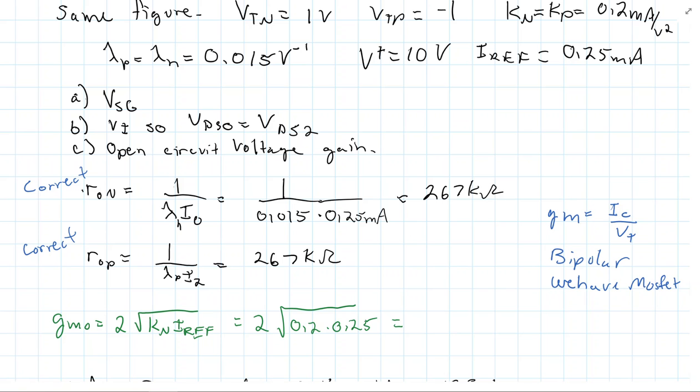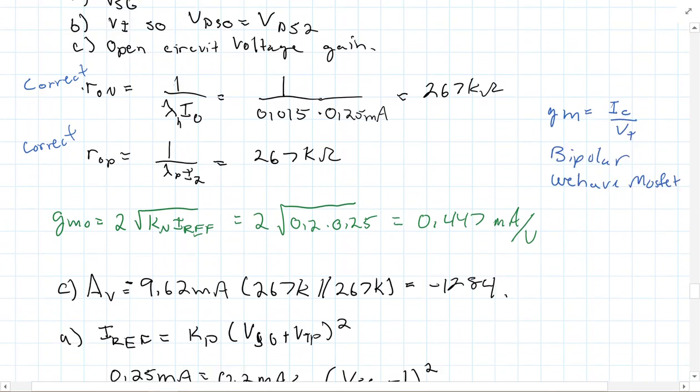We get 0.2 times 0.25, square root, times 2, and you get 0.447 milliamps per volt. So a much smaller number.